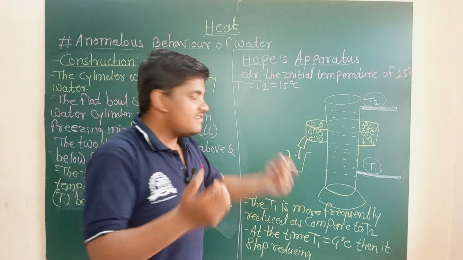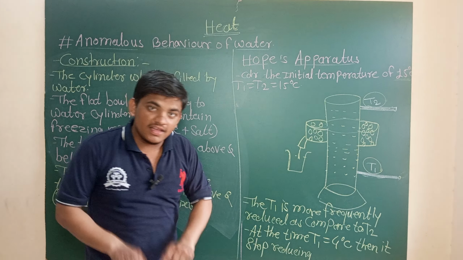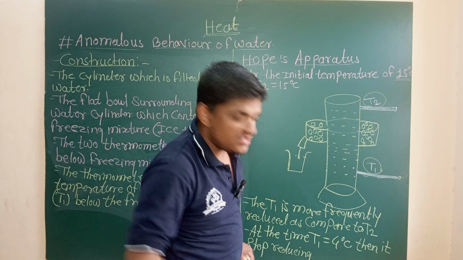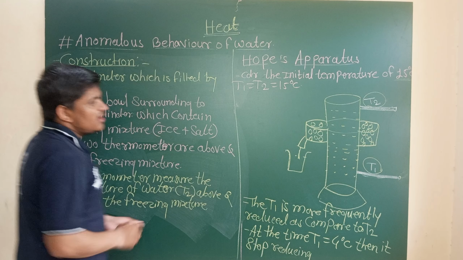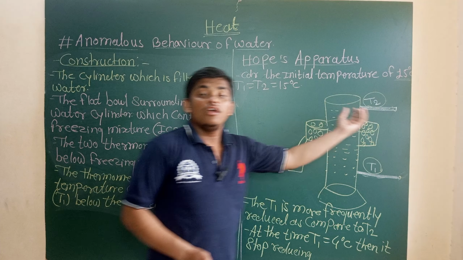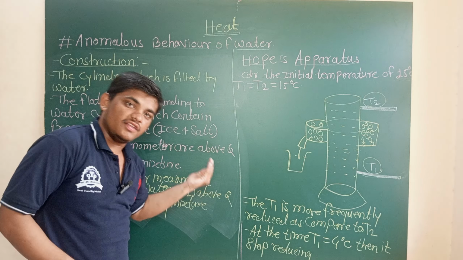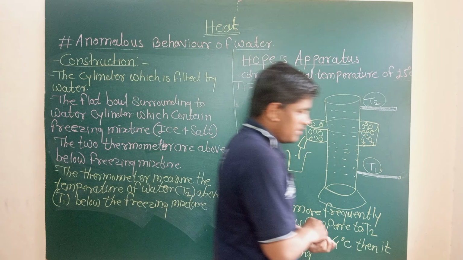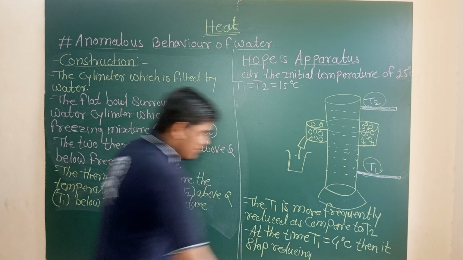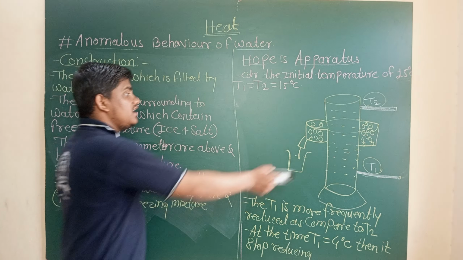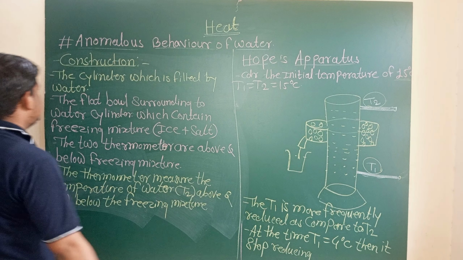If the volume is increased, the density of the water is decreased. If the density is decreased, the water moves upward. At that time, T2 comes from 4 degrees Celsius to 0 degrees Celsius first, then T1 decreases.